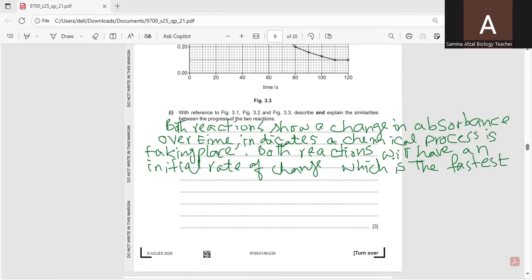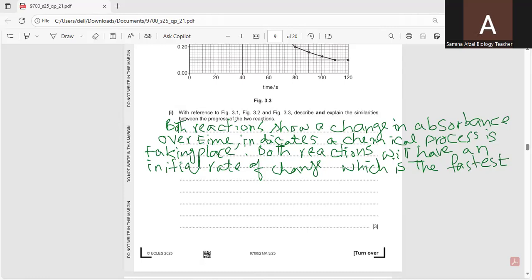Again, I explain: in one case it is increasing, in the other case it decreases. That is a difference, but we are talking about the similarity. The similarity is that both have the fastest initial reaction.